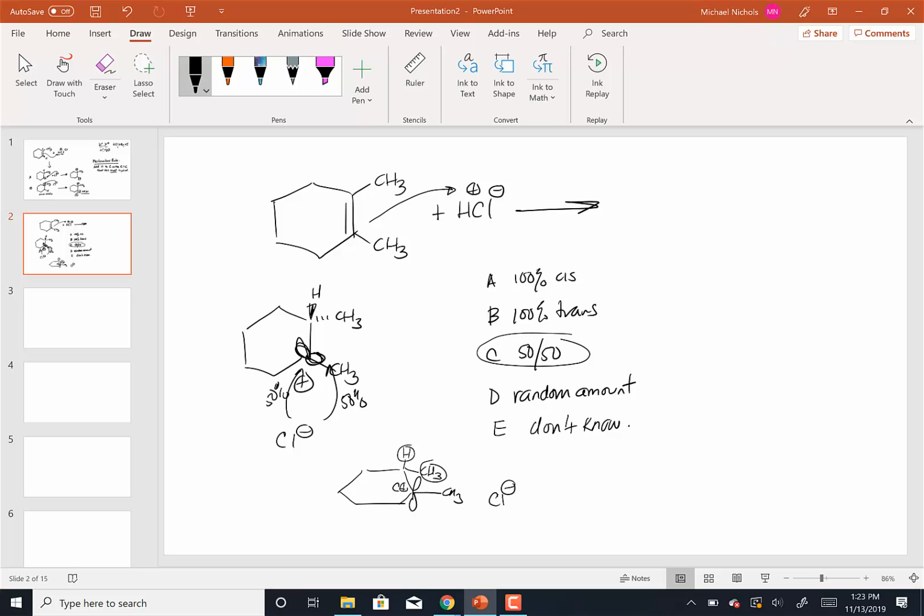Or maybe the hydrogen's above the plane of the ring. Does that play a role? Let's just say for the sake of argument it did. Let's say the chloride somehow preferentially is going to add from the top because the methyl group is playing a steric role. Why did I add the hydrogen to the top?